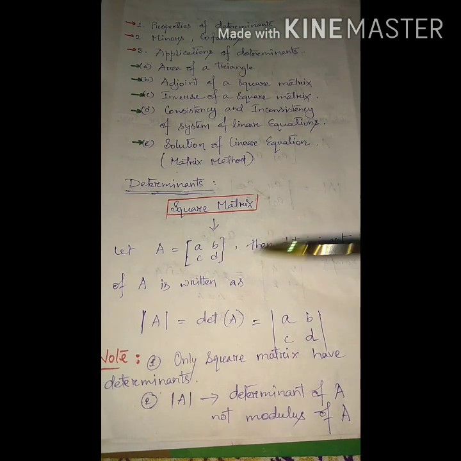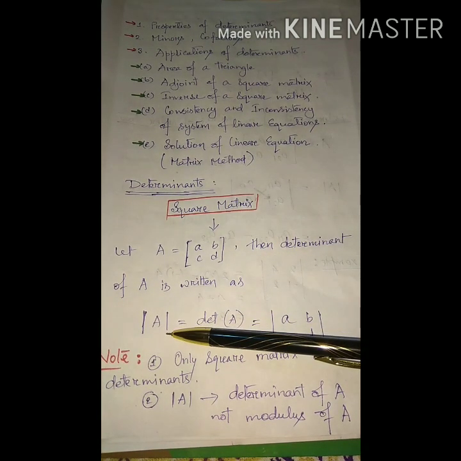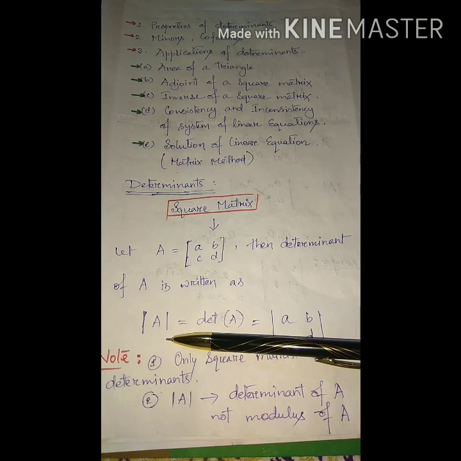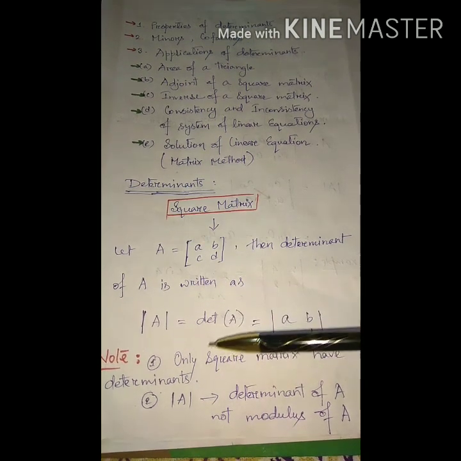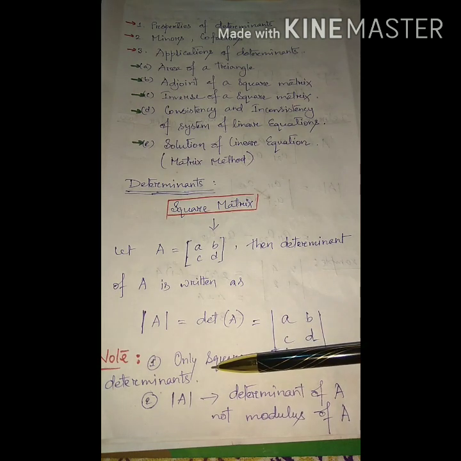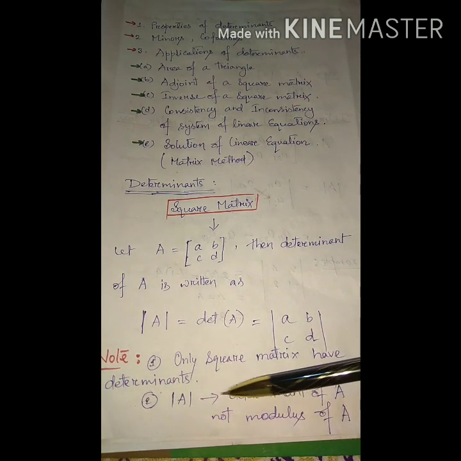Here mainly two notes we write: only a square matrix has a determinant, and it is known as the determinant of A, it is not a modulus of A.